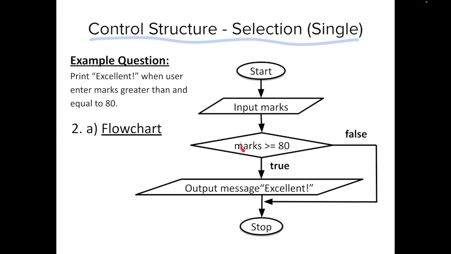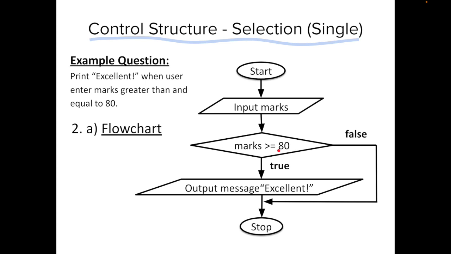Dalam diamond ni kita letak kita punya condition kita. Okay, marks greater than equals to 80. Sebab kita tengok kat sini example question kita hanya akan print out message excellent when the user's marks is greater than or equal to 80. So that is why we use this, orang kata arithmetic punya operators.